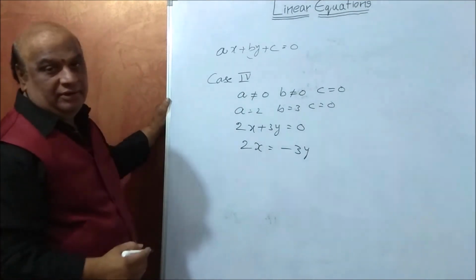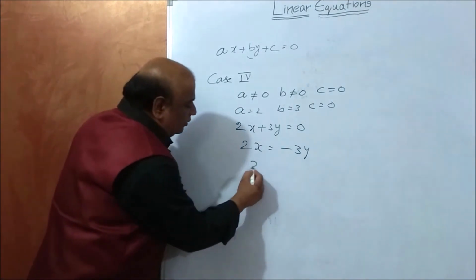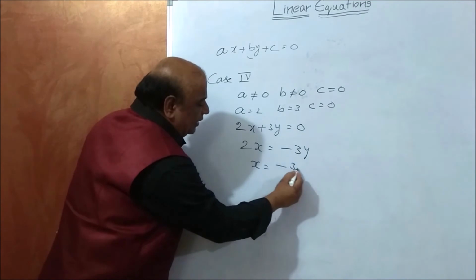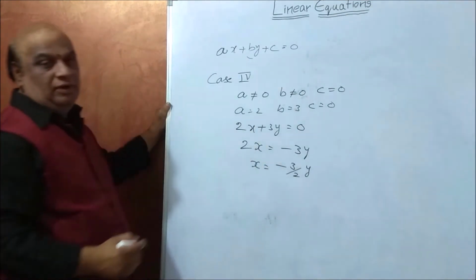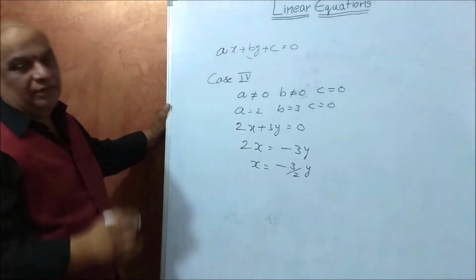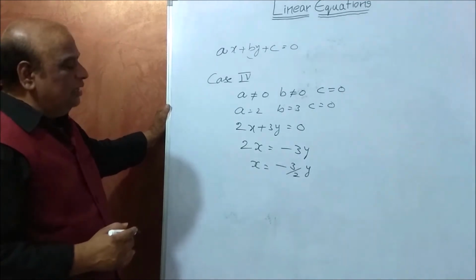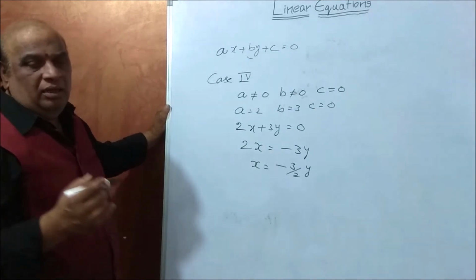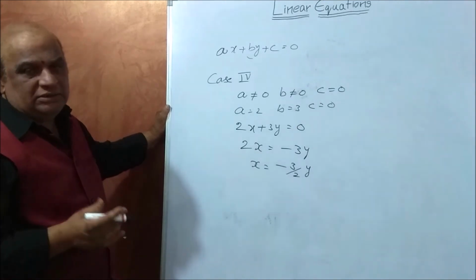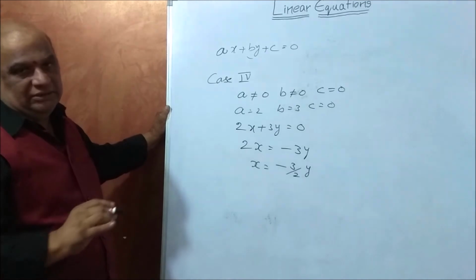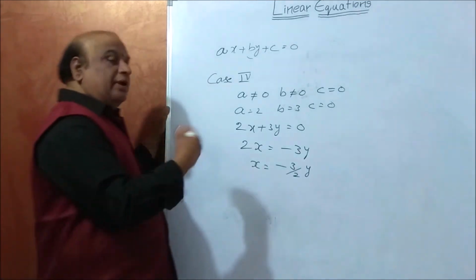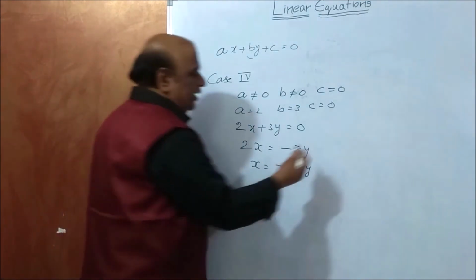Now x is equal to minus 3 by 2y. How to take the points now? Generally, when we are plotting the points, we try to get the integers. That's why I am trying to get the integers in this case.